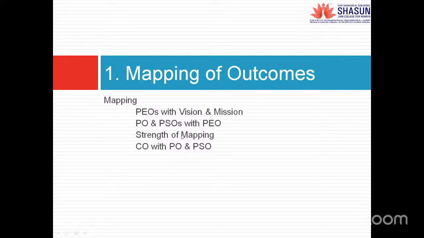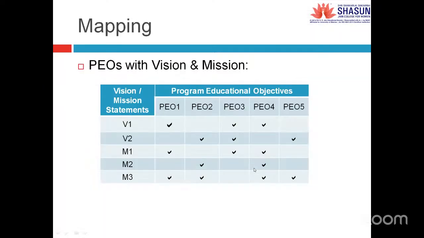The first two levels of mappings we will just do with a tick mark. If I'm going to map my program educational objectives, this is the first level of mapping. This mapping has to be done at the institutional level. It is common across all the programs, either undergraduate or postgraduate.